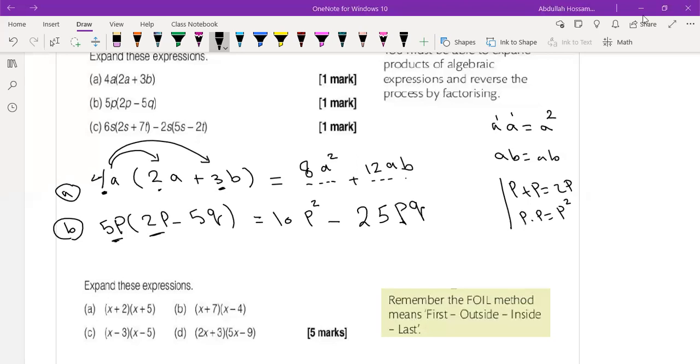Okay, guys, solve now letter C. Take 2 minutes to do it. Letter C. I will check.